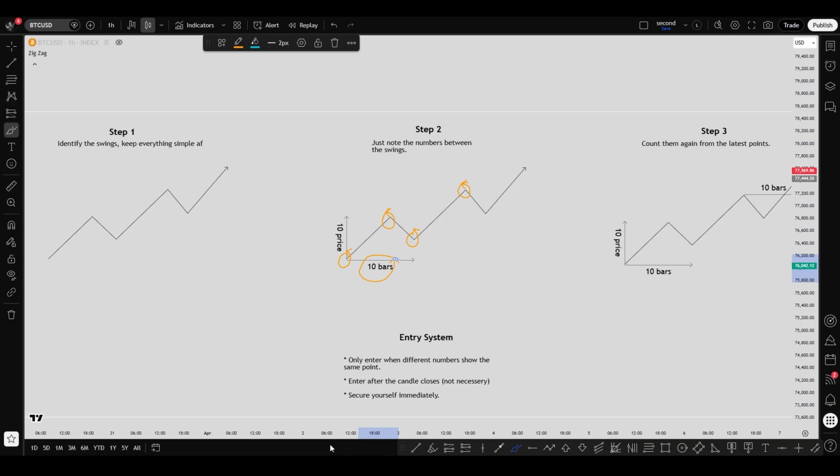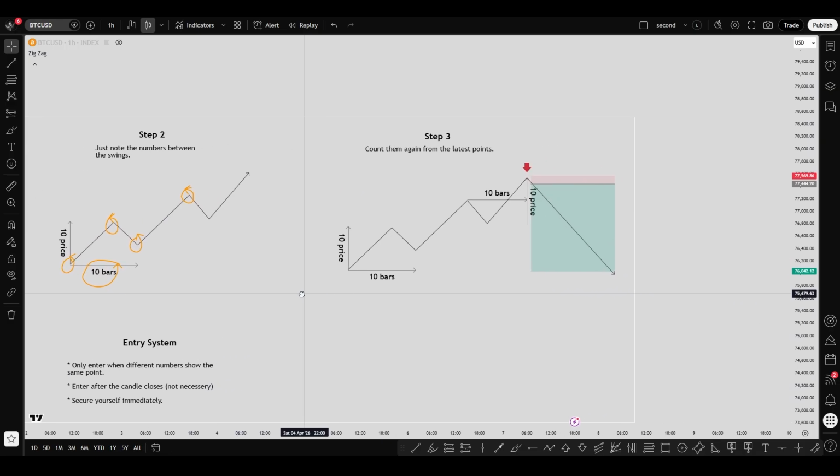I also want to talk about bar and price conversion. For example, if you have 20 in price, you can convert this into time. You can count 20 bars from here and it can land on the next one. So what we're trying to do is just get the numbers and use them.